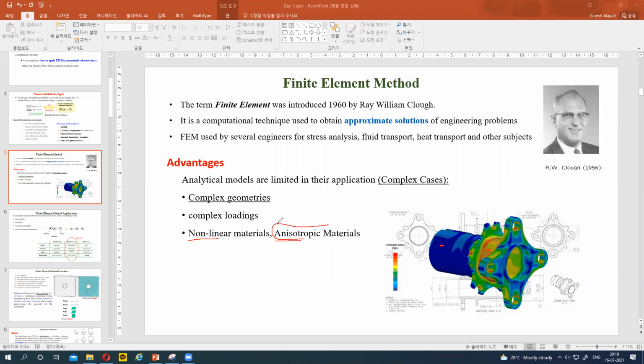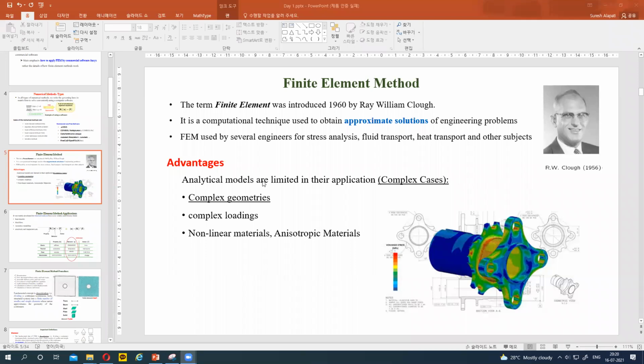Not only Young's modulus, but thermal conductivity and other properties too. Generally all bodies are anisotropic, but we assume all bodies are isotropic, meaning all properties are the same throughout the body. Only in special cases do we consider anisotropic.